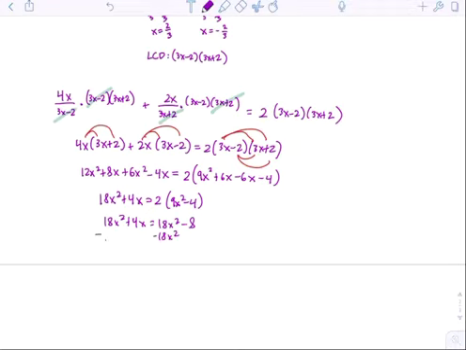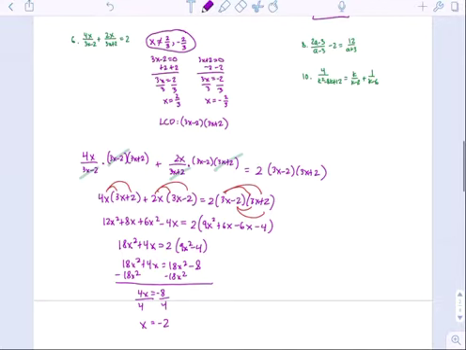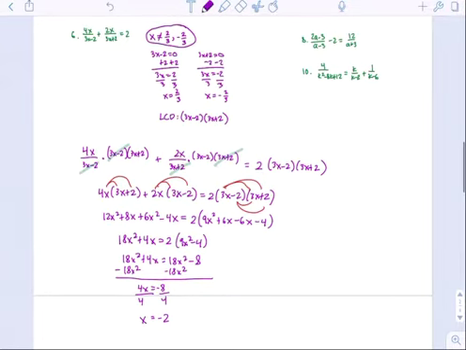Subtract both sides by 18x squared, and we're going to get 4x is equal to negative 8. Divide both sides by 4, and x is going to equal negative 2. Right? So that is number 6.